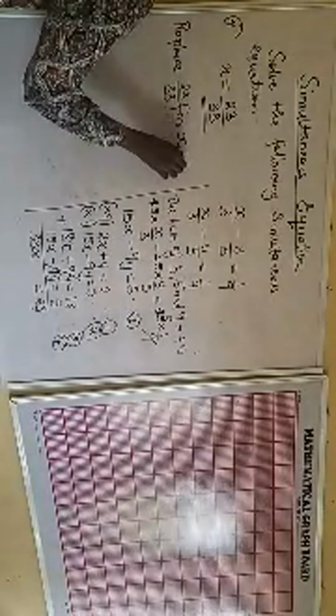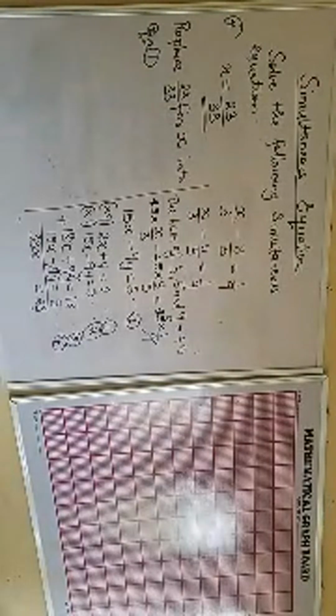Let me replace x with 23 over 33 in equation 1. Equation 1 says 2x plus y is equal to 2.